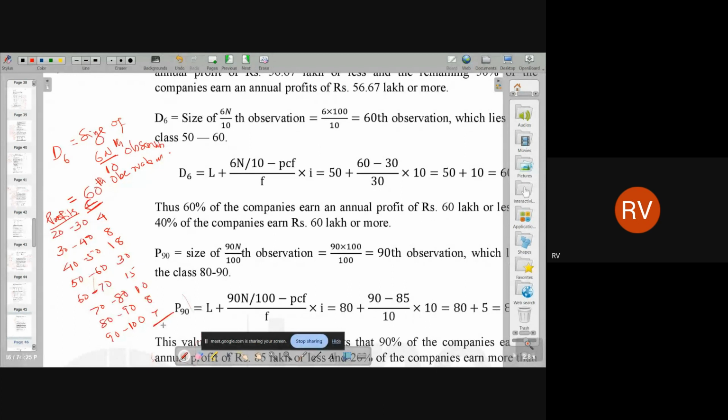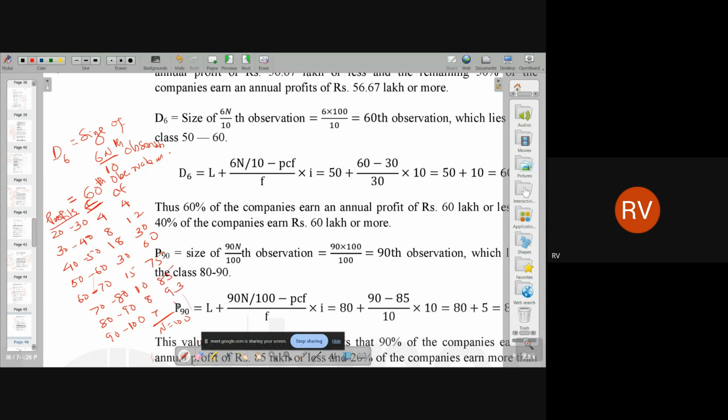Total 100, so N is equal to 100. Cumulative frequency is 4, 12, 30, 60, 75, 85, 93, 100.